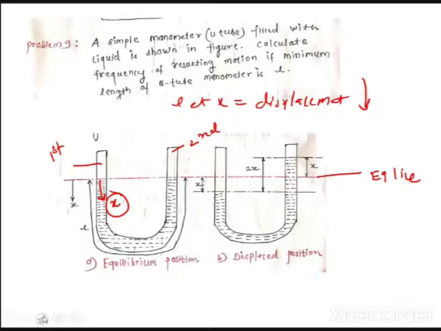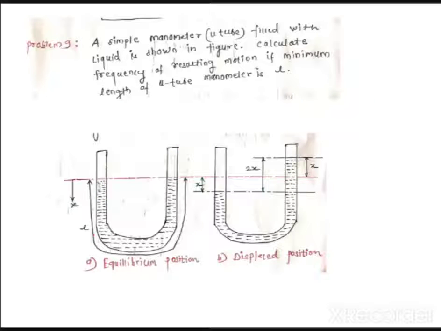In such type of problem, if x is the displacement in a downward direction, so this much is the displacement downward, then this much, that is x, will be the displacement in the upward direction. Means x is the amount by which the liquid is raised in the U tube, in tube number 2. And in tube number 1, x is the amount by which the liquid is lowered.